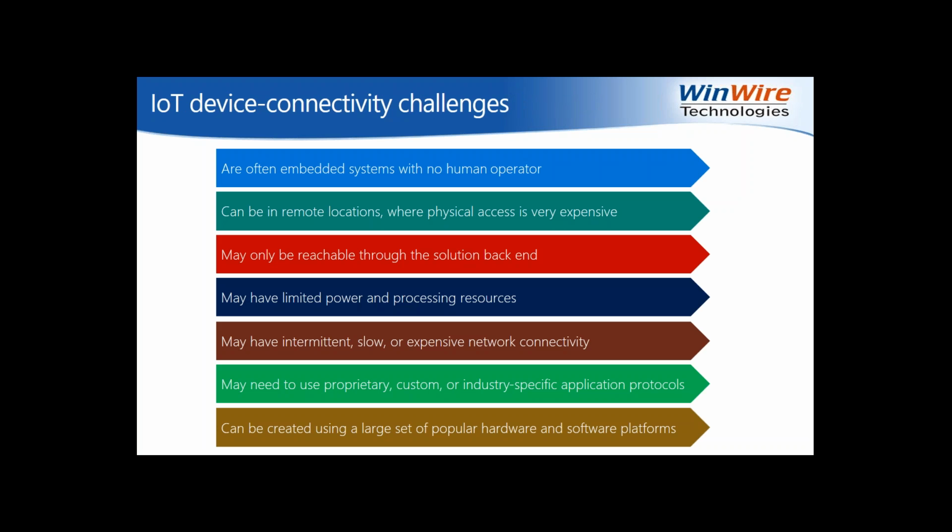So let's see some of the challenges that you mostly see when you're creating an IoT application that works with a number of devices. Most of these challenges are actually solved by IoT Hub. So we're going to just see what these are. They're often embedded systems with no human operator, at remote locations where physical access is very expensive. Say you have devices that are embedded systems, available at various different locations where you have deployed them.